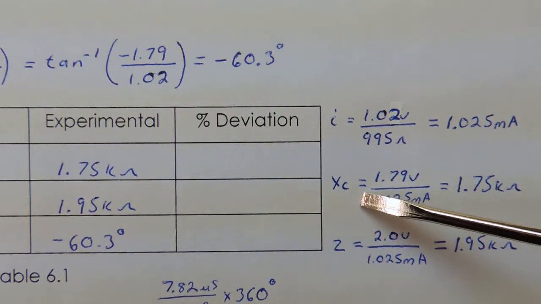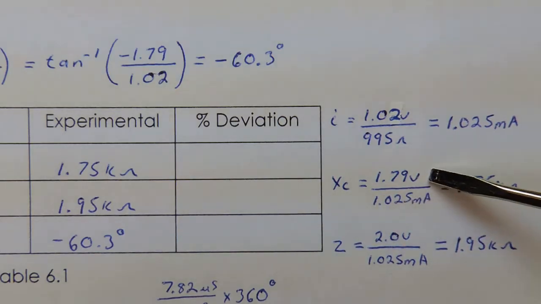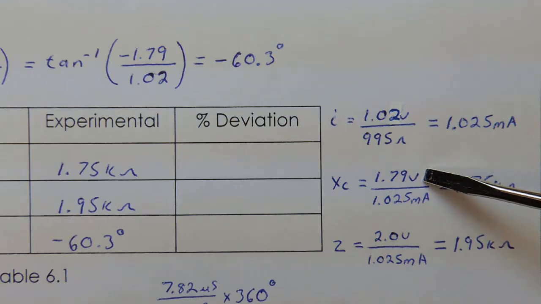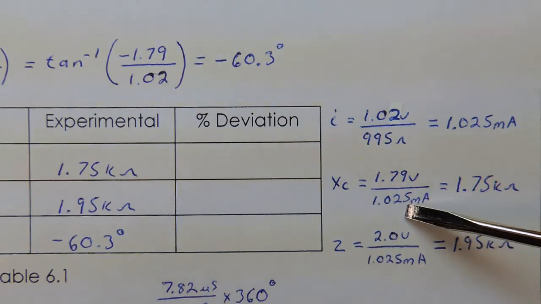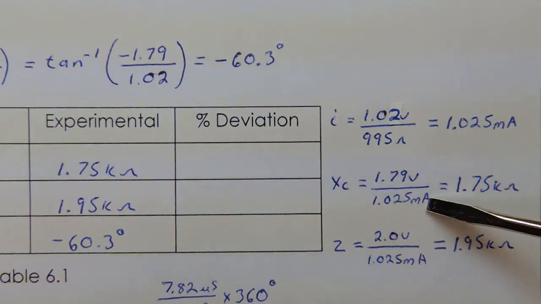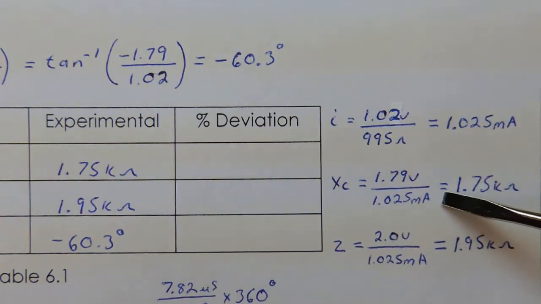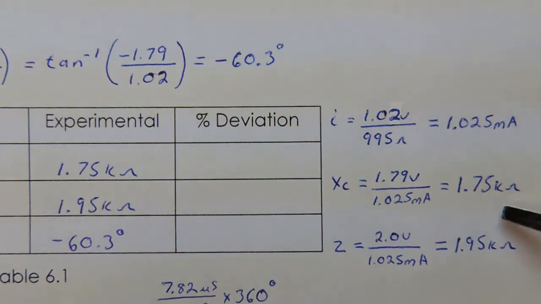Then to calculate XC, I took the VC peak to peak, which was 1.79 volts peak to peak, and divided it by my current from above, which is 1.025 milliamps, and keep in mind that's also peak to peak. So the peak to peaks cancel each other out, and you're left with 1.75 k ohms.